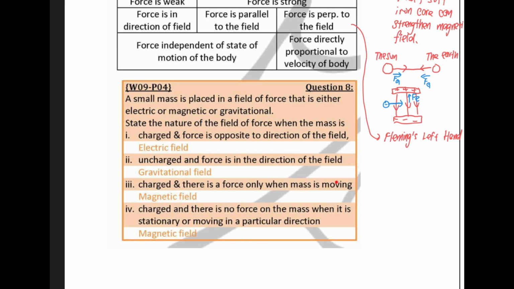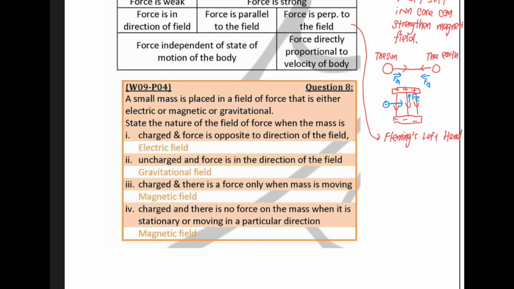Like what we discussed just now, the only force that is affected by velocity is the magnetic force, because F equal to BQV. So that's why this answer is magnetic field. The V is the velocity. So it is for a moving particle with charge at the same time. So it will have magnetic force.